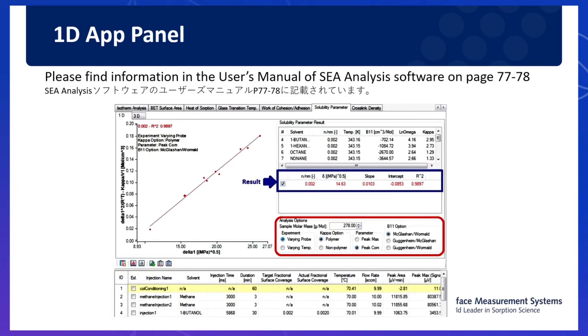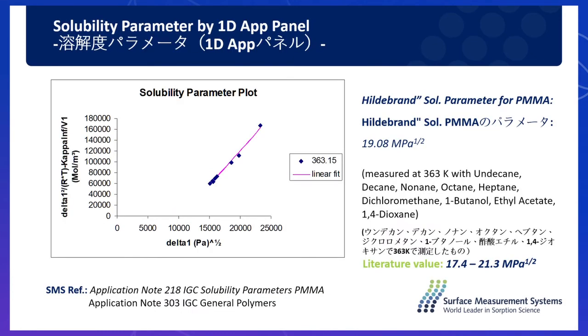This is how it looks in our software, this application. And we have some application notes when we determine the polymers and PMMA solubility parameters using this method. On this slide, you can see a PMMA solubility parameter.